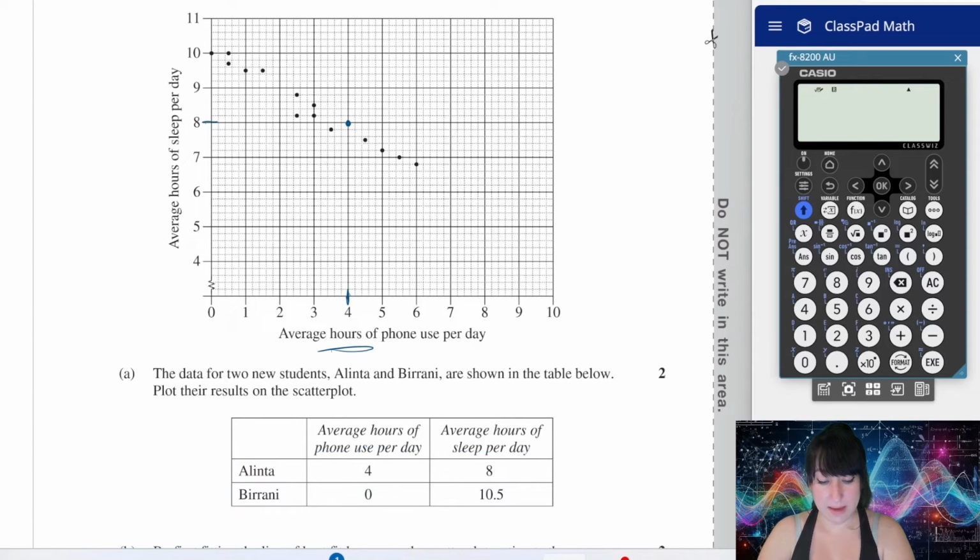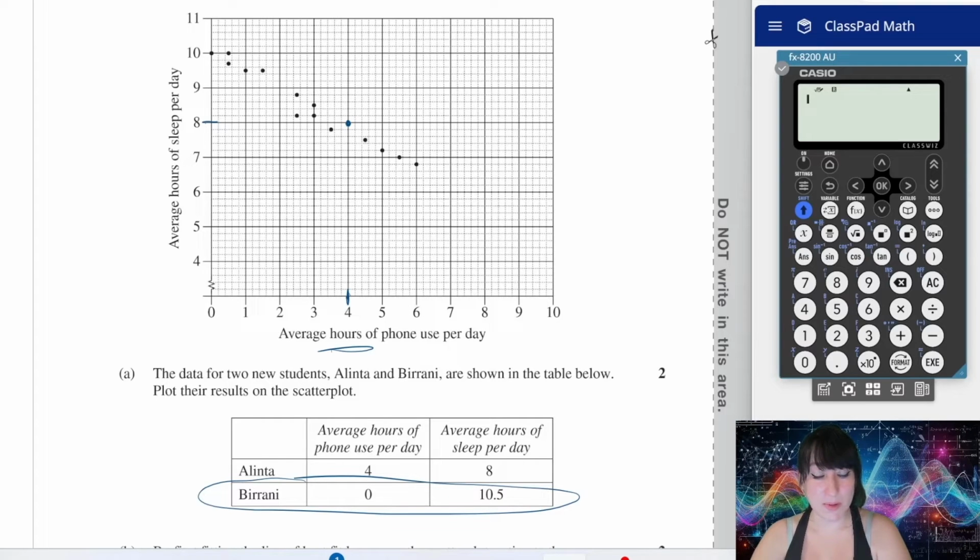Next, let's look at Barani. His average use of the phone was 0 hours per day, and he averaged 10.5 hours of sleep per day. Good for him. So we'll plot him at 0, 10.5, which would be here, halfway between the 10 and the 11.